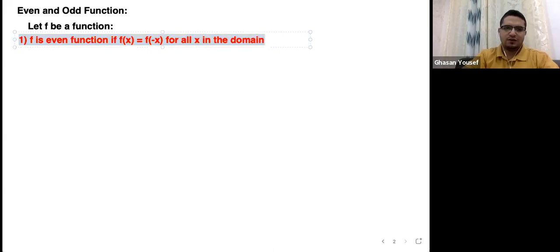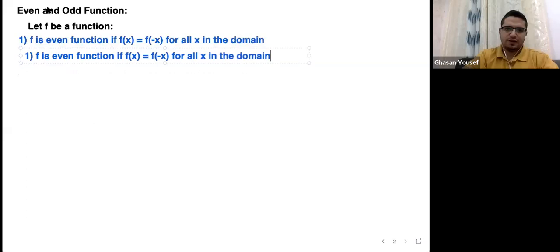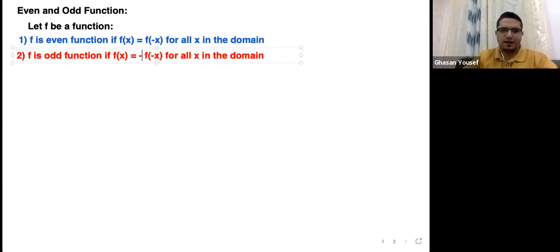The same thing for the odd. We say the function is odd function if it satisfies, like here, f of x equal minus f of minus x, or like Aziza said, minus f of x equal f of minus x.